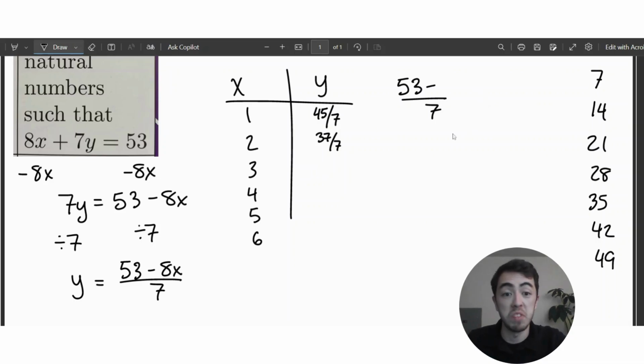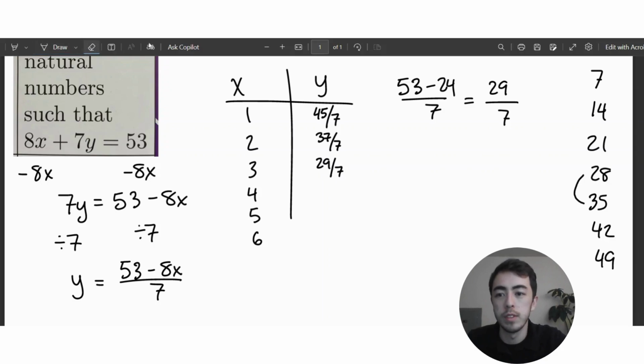So let's try x equals 3. That would put a 24 right here. And then 53 minus 24 gives me a 29. And 29 is running into the same issue where I'm between two whole numbers once again. Oh well, so I'll put 29 over 7 right here.